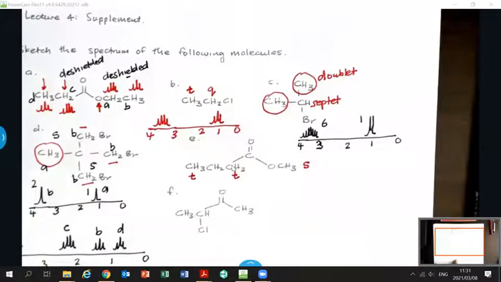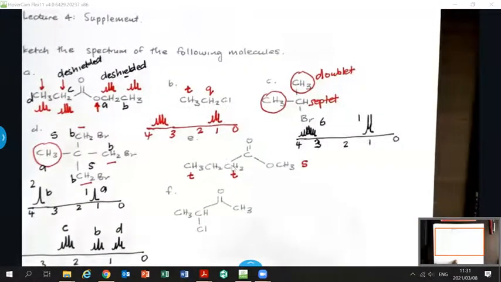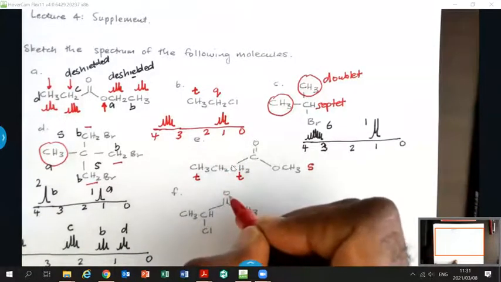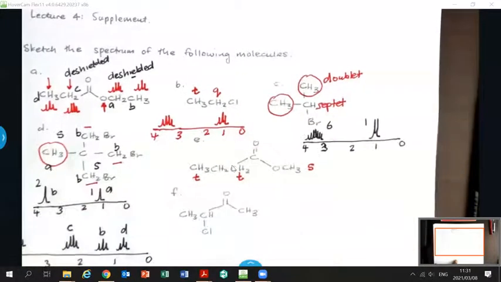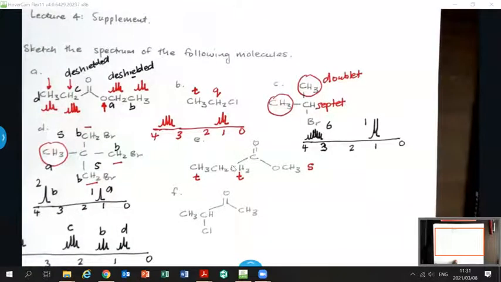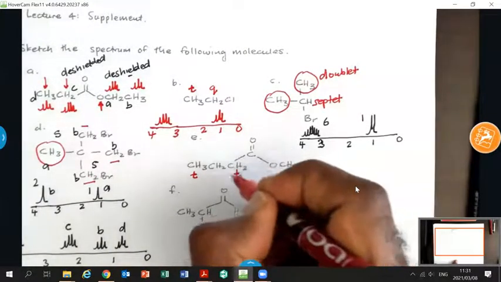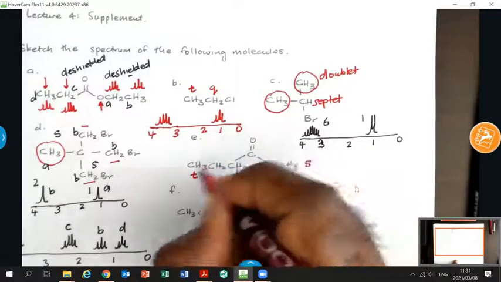All right, now, very importantly, the splitting pattern or the multiplicity is only given by equivalent protons, right? So if I look at this particular molecule that I have here, these 2 protons and these 3 protons are not equivalent.